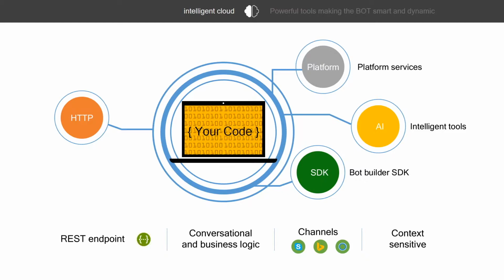That allows us to do natural language understanding in our bot. And then you have the Bot Builder SDK, and that one is available for two languages. You can write your bot using Node.js, so JavaScript, or if you're using .NET, you can do so as well. You would typically then write your bot using C#.